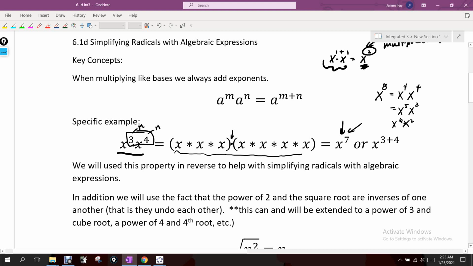I could also go 3 and 5 or 2 and 6, but because multiplication is commutative, they're the same. And the last one I could write is x to the 7th times x to the 1st. This is the one we're going to be really interested in, when we can get one of these bases to be a 1.